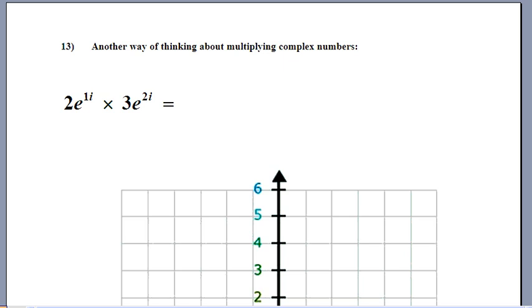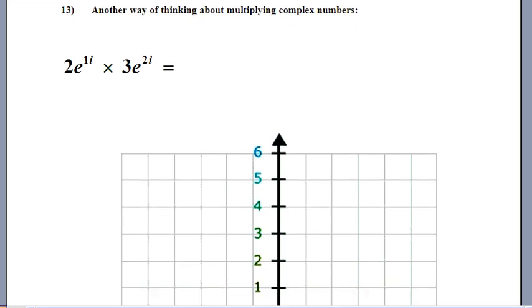So this first number that I'm going to try to multiply by a second number, this 2e to the 1i. Remember, just looking back on the previous pages, you could say 2e to the 1i is like a 2 getting multiplied by Euler's expansion, where we've got cosine of the angle, so it's cosine of 1 radian, plus i times the sine of 1 radian.